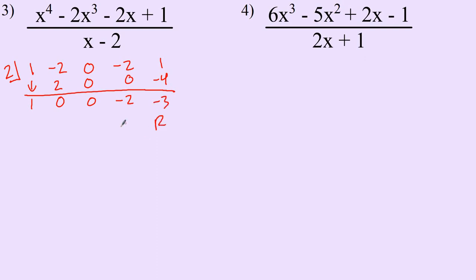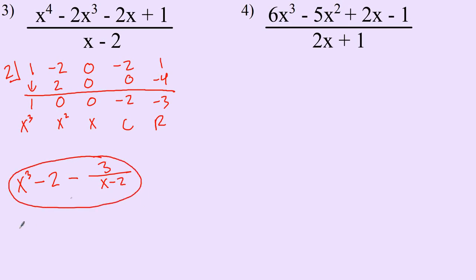So that's our remainder, constant, x, x squared, x cubed. So we get x cubed minus 2 minus 3 over x minus 2. Okay. Yes, you could have written x cubed minus 2 remainder negative 3. I just like writing it the proper way.